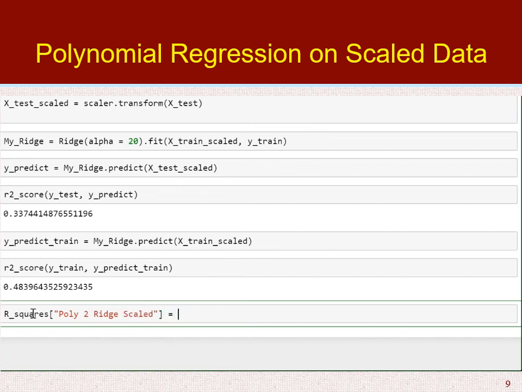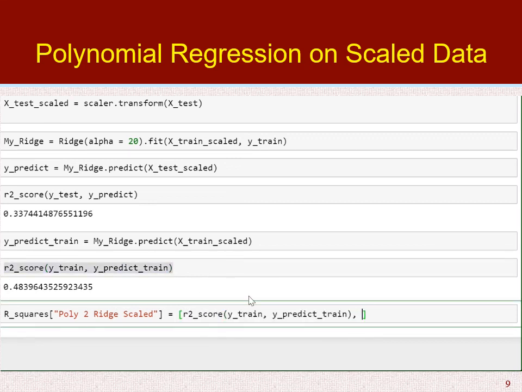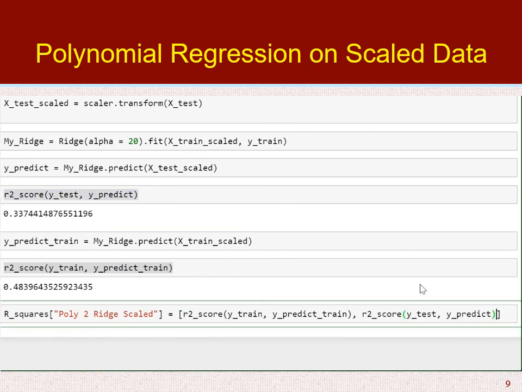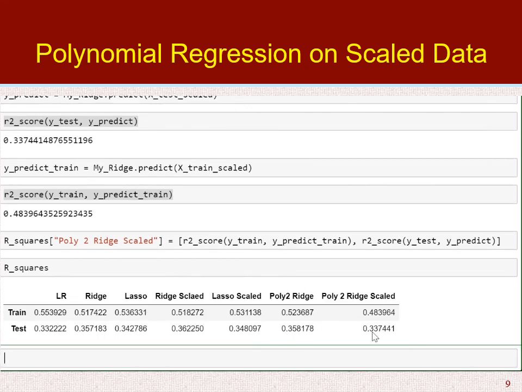And then I'm going to add the training R2 score first, and after that the test. So let's call the R squares table now. So it's added here. As you see here, the gap is now reduced.